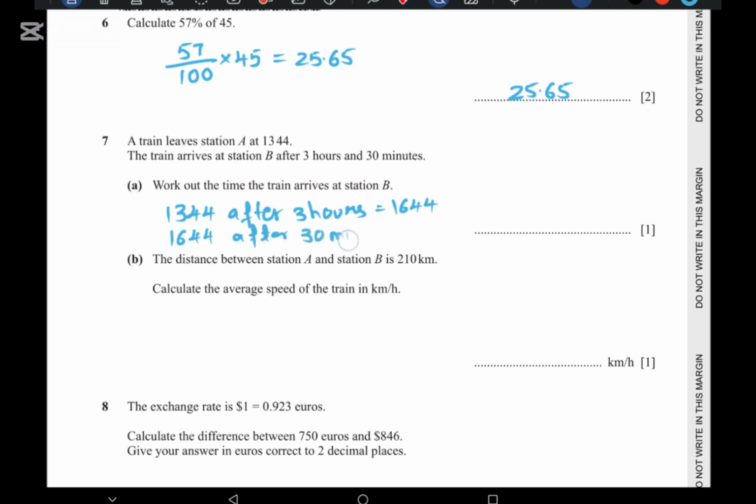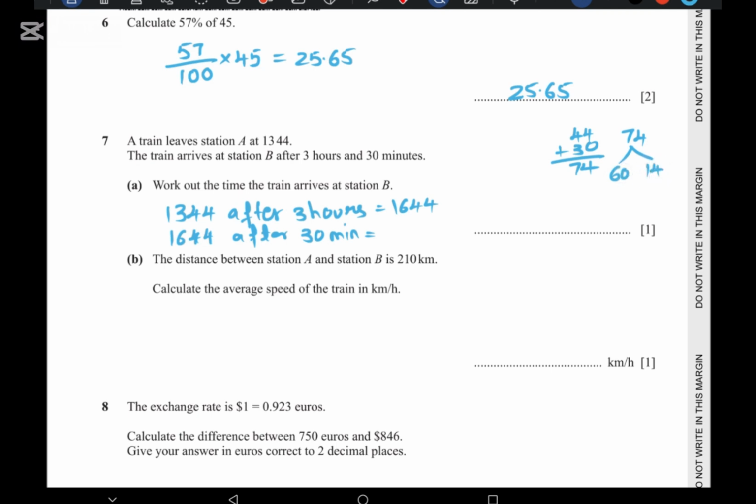30 minutes will be, now I cannot directly add to the hours, I need to add minutes. So when I add 44 plus 30, we get 74, but 74 is more than 60. So you split 74 into 60 and the remaining minutes, 14.